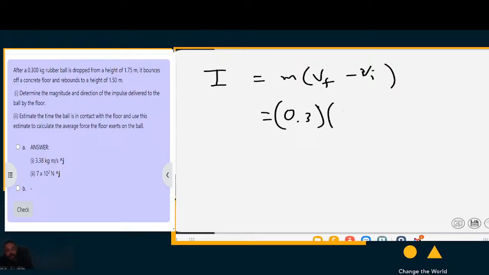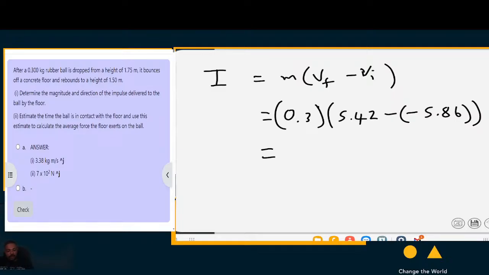So V final, what is V final? 5.42 minus, and then don't forget to put the minus in front of the initial velocity because the initial velocity is downwards just before the rebound, and that was 5,86 if I remember correctly. Close the bracket. And if we do the math, 0.3 times that difference, actually you have to add these two now.